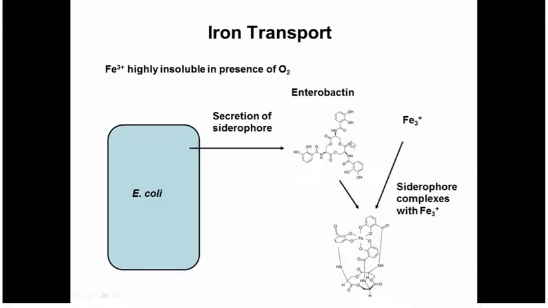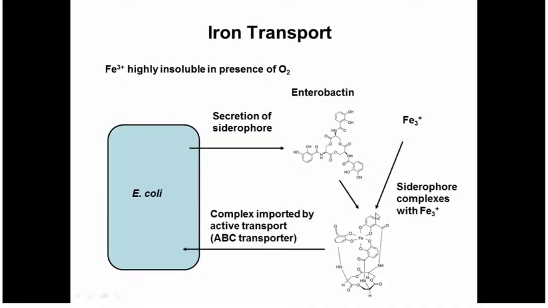The affinity is so high that this can just pick up the very, very low concentrations of iron that are floating around, and then the complex is re-imported through an ABC transporter. So pretty much all bacteria have siderophores in order to import iron, and may also have other siderophores for other metals.